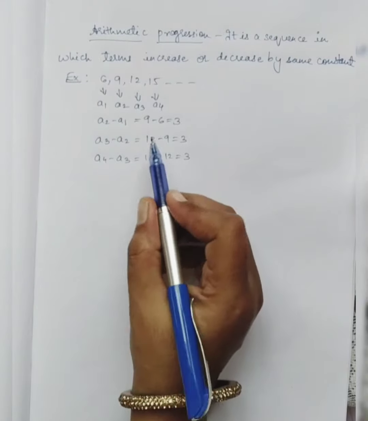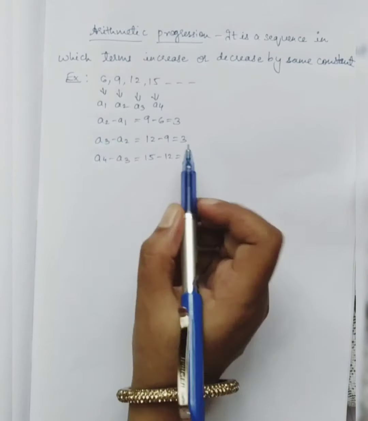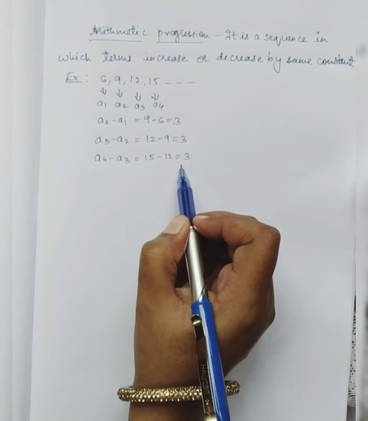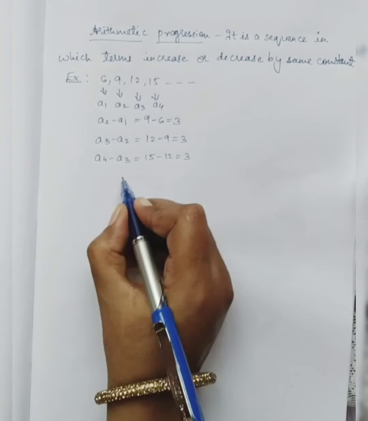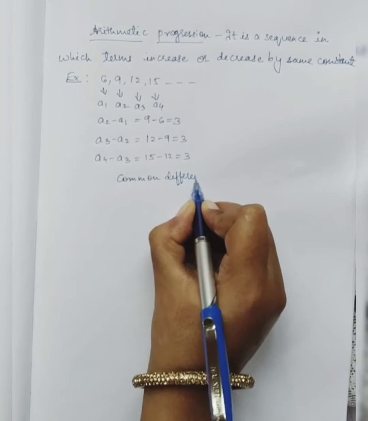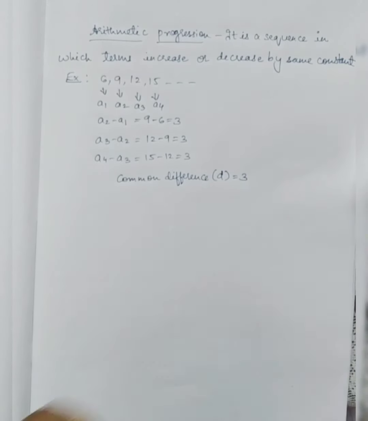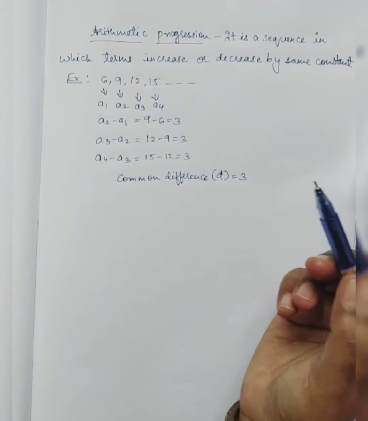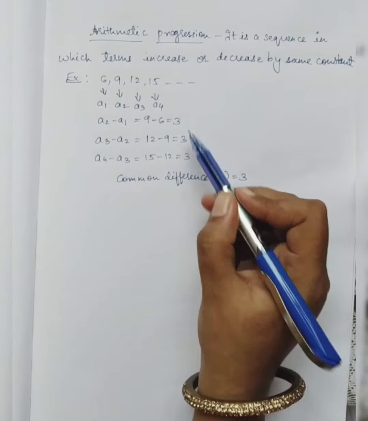So every time when you are subtracting the first term with the next term, you are going to get a constant number, that is 3. So here the AP is positive, and this constant 3 is known as common difference. I am going to denote it as small d. Common difference is 3. Now AP can be positive, negative and 0. So this is the example for positive AP.